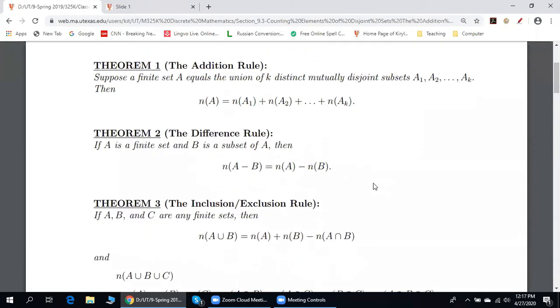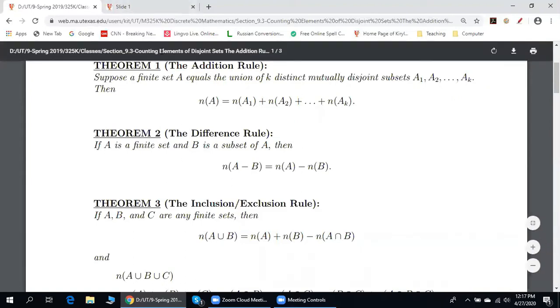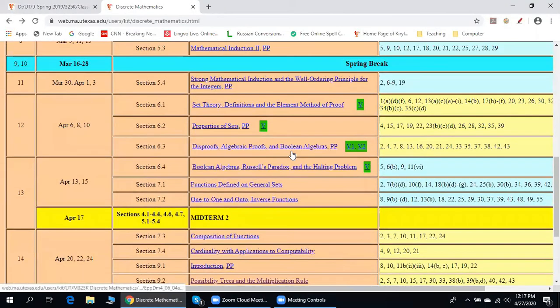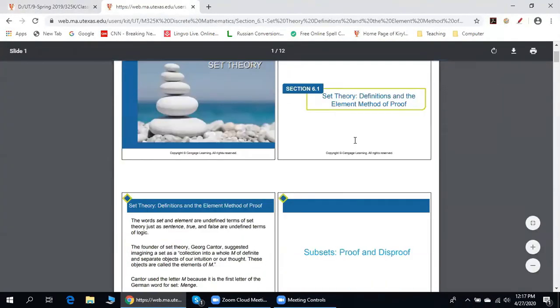But now please take a look at theorem 2 and theorem 3. If A is a finite set and B is a subset of A, then the number of elements in A minus B is the number of elements in A minus the number of elements in B. Well, to explain why this works, let us go back to section 6.1.